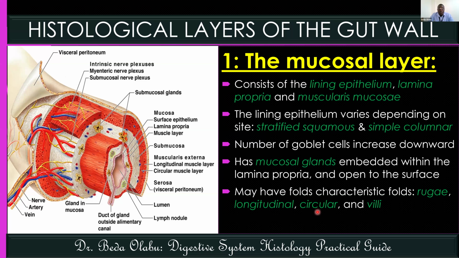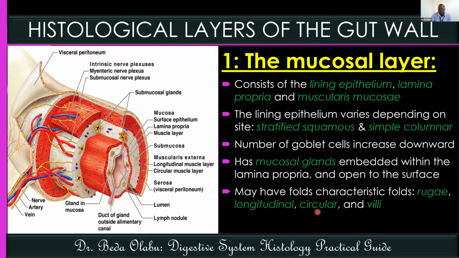Some regions have circular folds which are not complete, and this is particular to the colon. So the colon has circular folds, but they are incomplete circular folds. We call them haustrations. You are unlikely to see the haustrations on a microscope, so don't think much about it. The circular folds of the small bowel, you can see if the section has been obtained longitudinally. We have a few slides where that has been done, and so you can appreciate them.